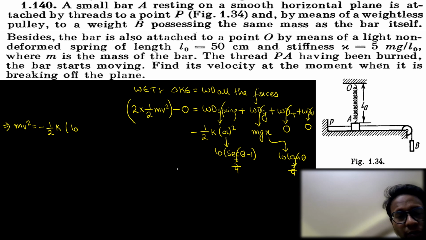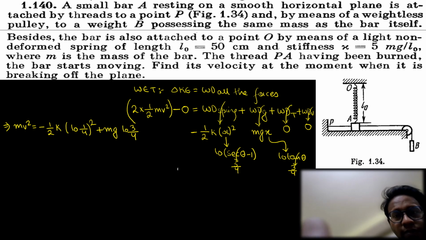So L naught into 1 by 4 whole square, plus mg into x. What is the value of x? The value of x is nothing but L naught into 3 by 4.